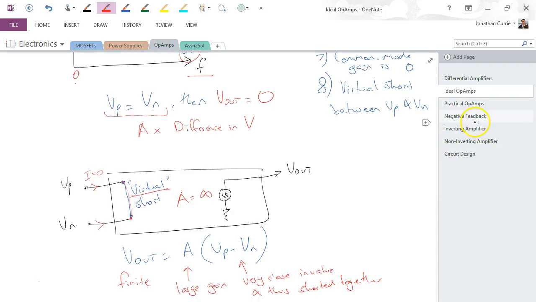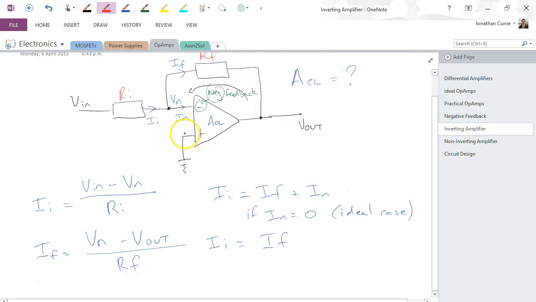If we come back to our circuit, we note that we're going to have 0 volts at Vp, so Vp has to equal Vn using the virtual short analogy. Therefore Vn also equals 0.